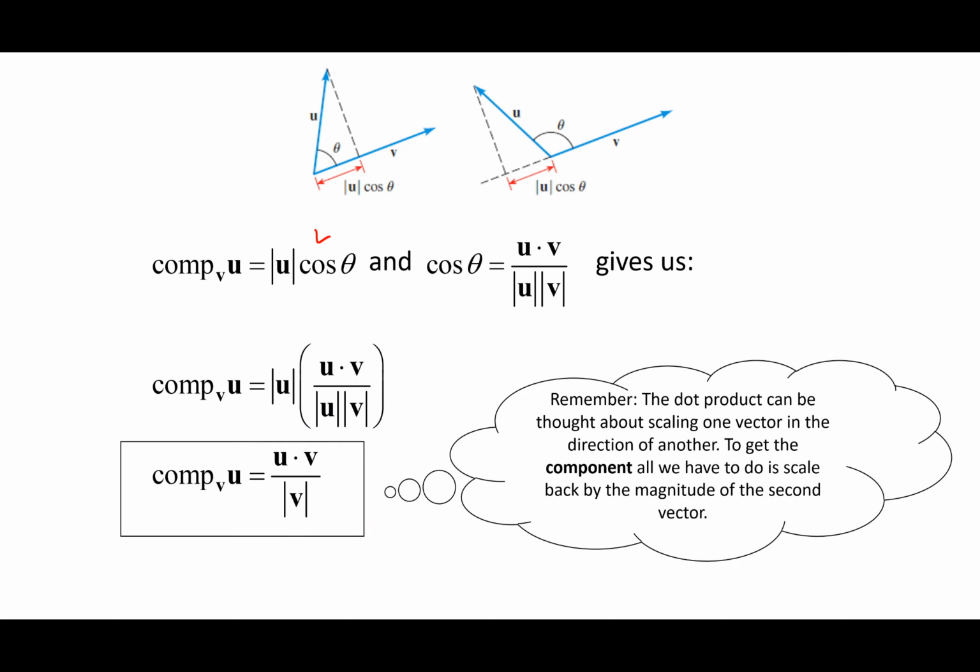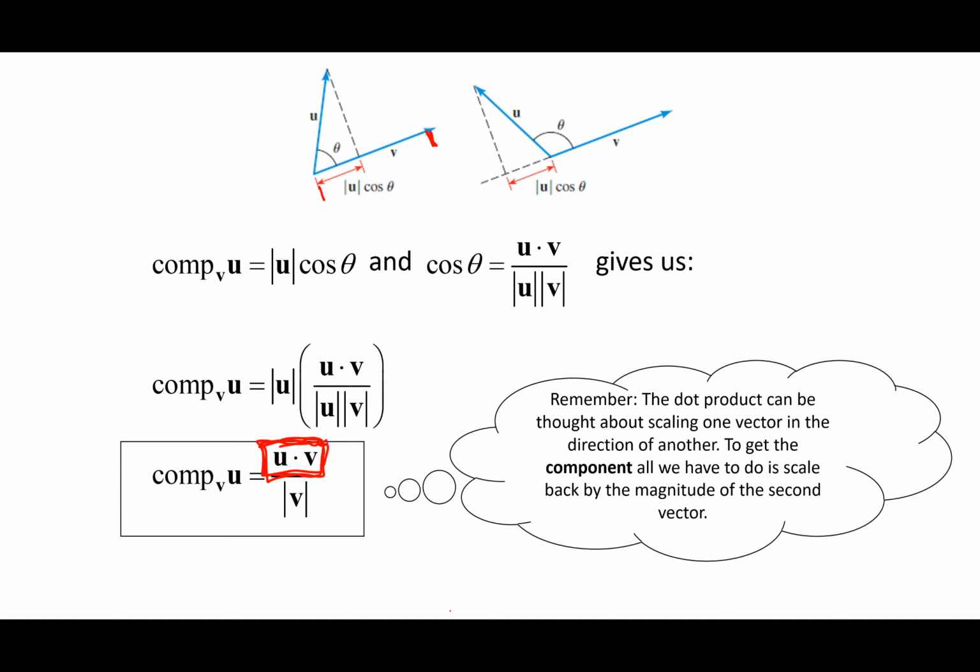The way I understand this, not memorize it, is I know that the dot product is like regular multiplication. It is the parts of u and v that are in the same direction, right? It's this length here with this length here. These are the only two parts that are in the same direction, and then you multiply them regularly.